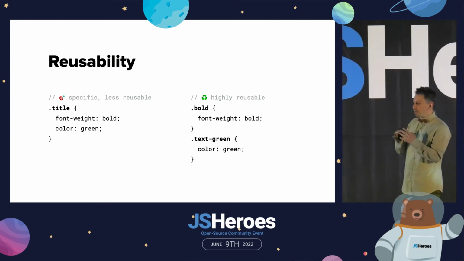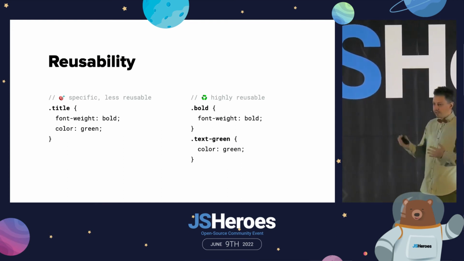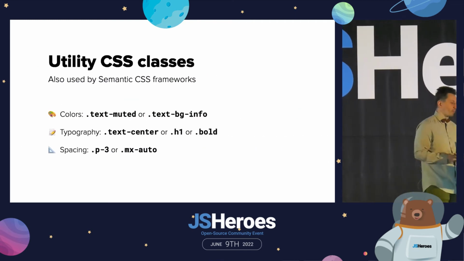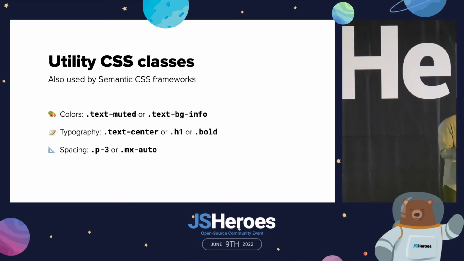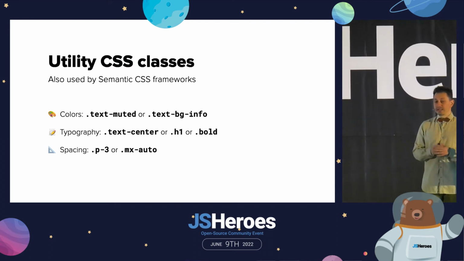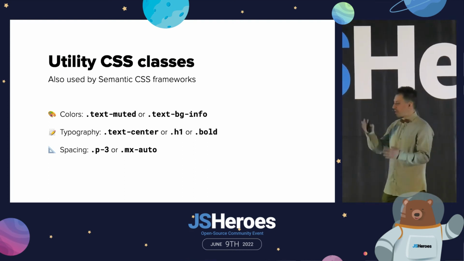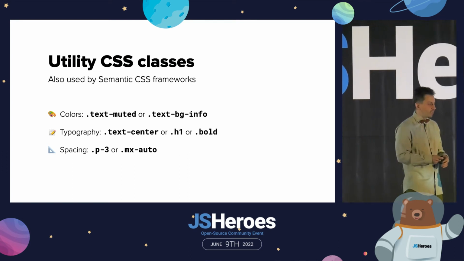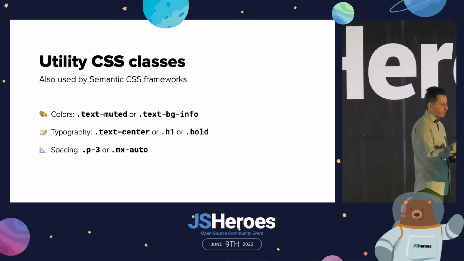But, I mean, using such classes is not very novel. We would probably use a bunch of these classes even before we knew about atomic CSS. Also, most semantic CSS frameworks expose a lot of such utility classes for text color and background color, for typography, alignment, and for spacing, like padding and margin.